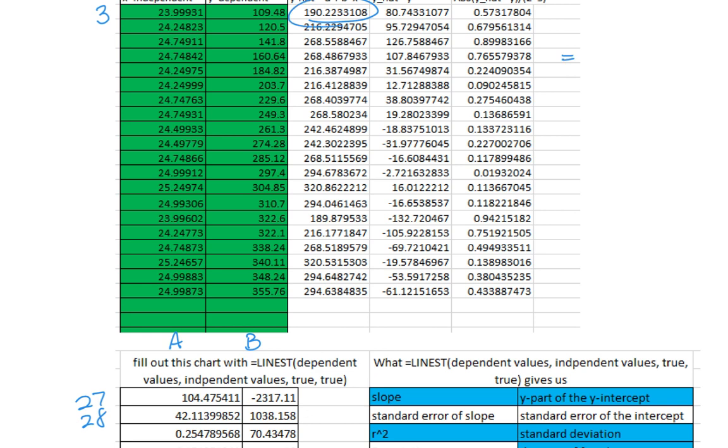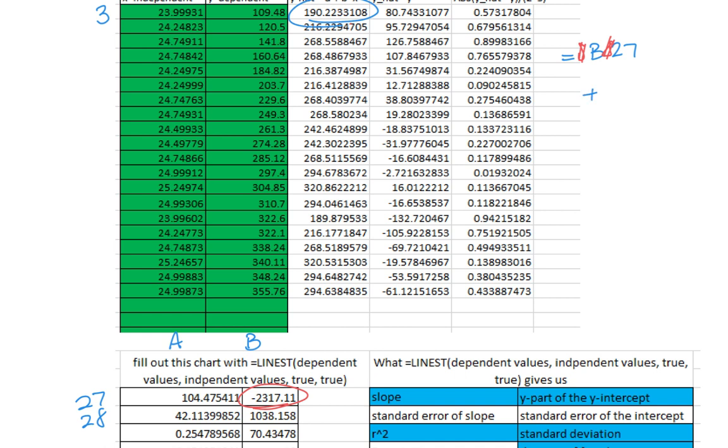I would grab the cell that has my y part of my y-intercept, which is B27. Now remember, if I want to stabilize this, so when I pull this thing down, I am going to want to put dollar symbols before the B and after the B. So every time I pull that thing down, it's always going to grab this cell and it's not going to change. And then I'm going to do plus.